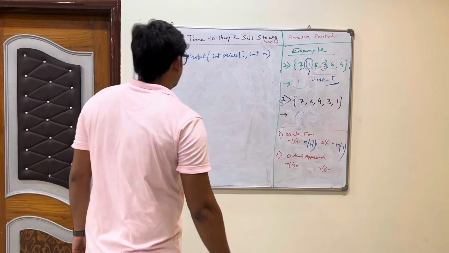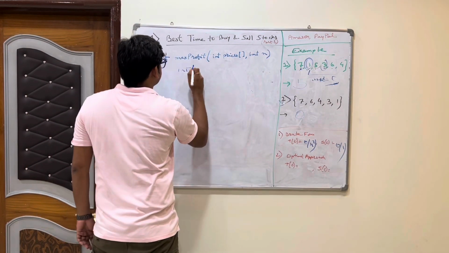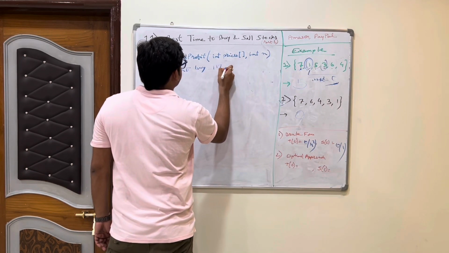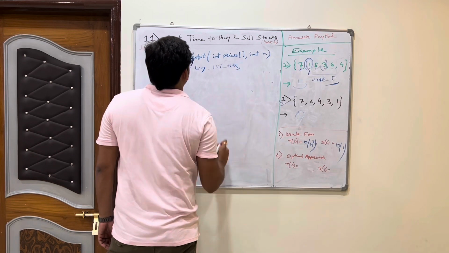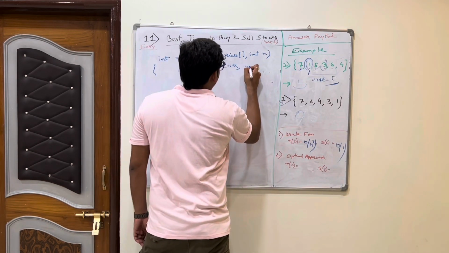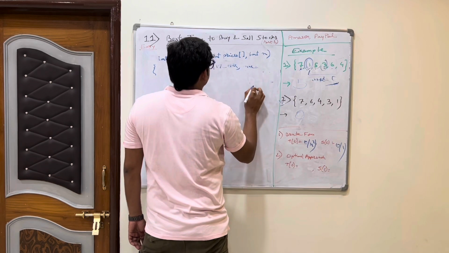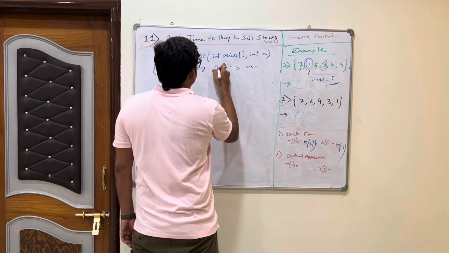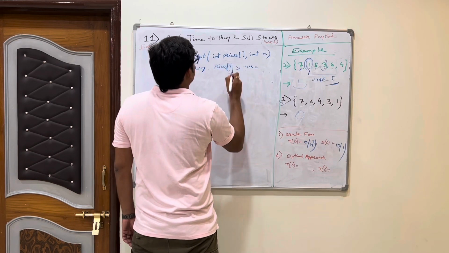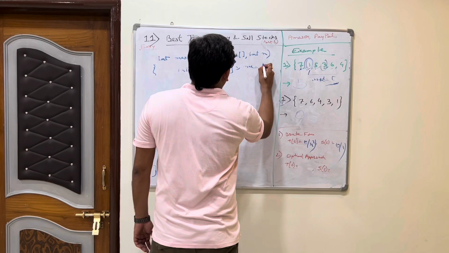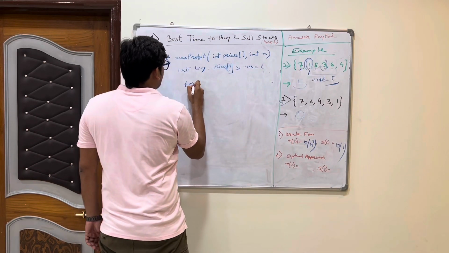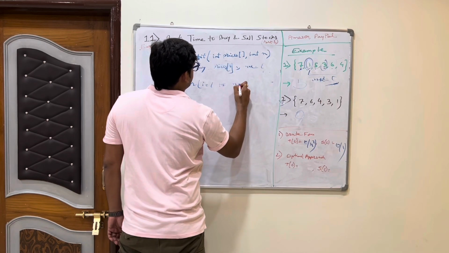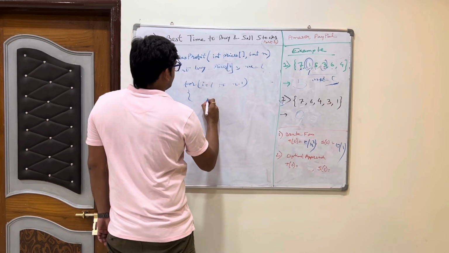Let's do the pseudocode for it. So we will have an int buy as int max value, and we will have max as 0. Instead of int max, we can also have it as the price at index 0. Then we will run the loop from 1. So for i equal to 1 to n minus 1, right?